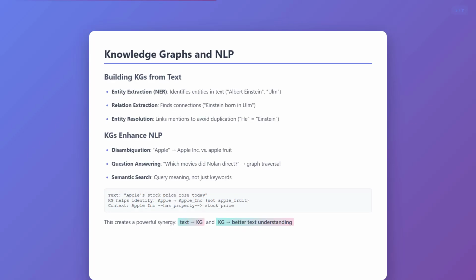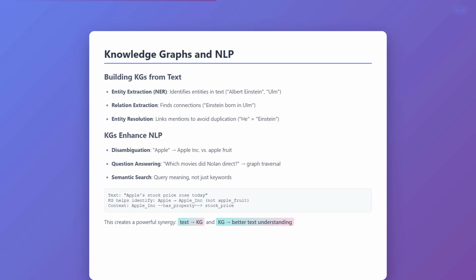Here's where things get really interesting for software developers. Knowledge graphs and natural language processing have a powerful bidirectional relationship. First, we can build knowledge graphs from text using NLP, natural language processing.